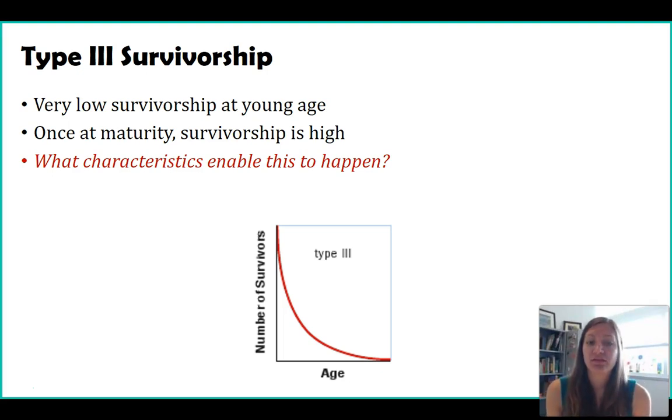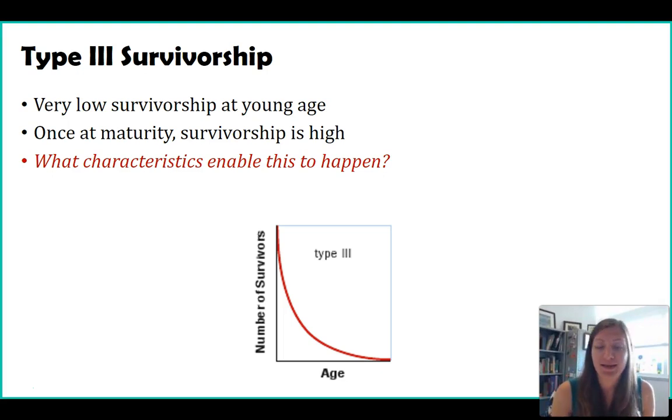Another thing with these individuals, as I mentioned before, is that they might have a lot of offspring, but the survivorship's low, usually because there's not a lot of parental investment. That frog isn't watching over the eggs, that frog isn't feeding their offspring. And then also, on the opposite of type 1 survivorship, their young are typically born premature. So they don't have all the tools for survival.